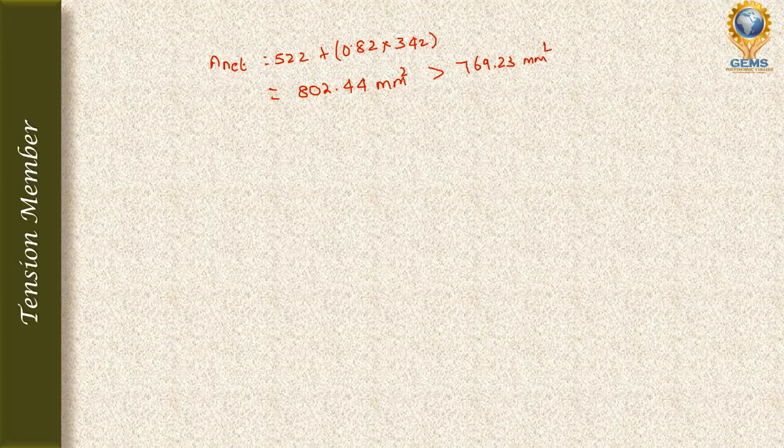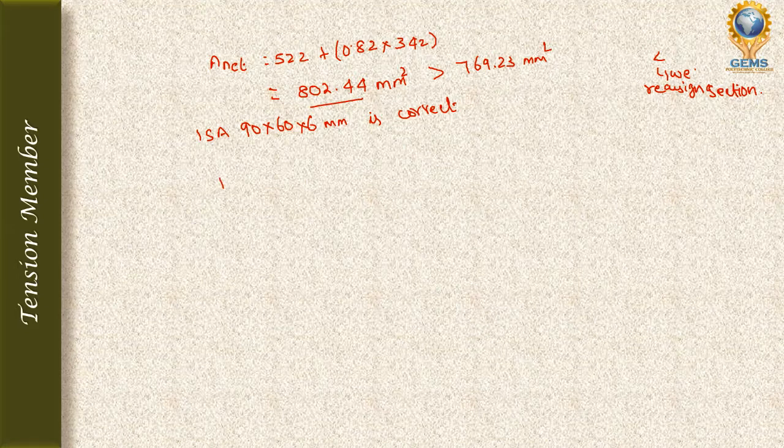So our assumed ISA 90 by 60 by 6 mm is correct. Otherwise, if it is lesser, we have to reassign the section and find out the area of the net. So our assumption is correct.